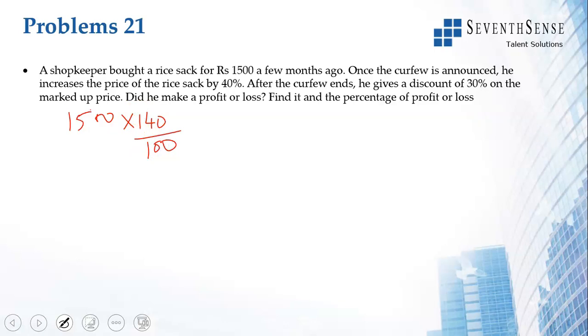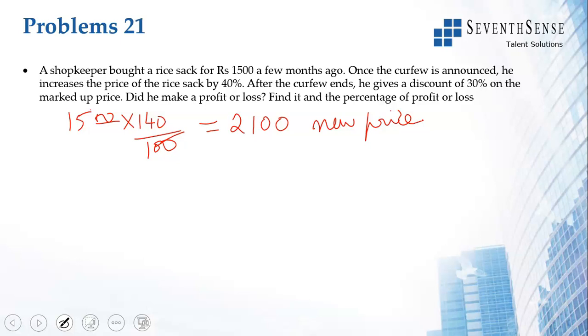So effectively you are multiplying by 1.4. 15 into 14 is 2100. Okay, this is the new price.